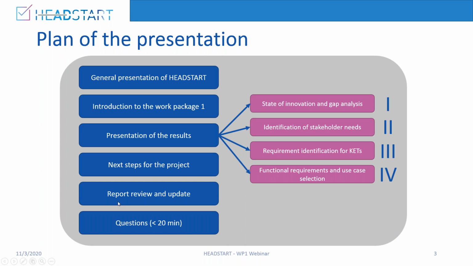So this presentation will be about the first step of the Head Start project towards testing and validation methodology for connected and automated driving functions. So first I will present the Head Start project in general. Then I will introduce the work package 1, which is the work package that we are going to talk about today, with the results on the 4 topics, which are the state of innovation and gap analysis, the identification of stakeholder needs, the requirement identification for key enabling technologies, which are also called KETs in Head Start for short, which are positioning, V2X communication, and cybersecurity.